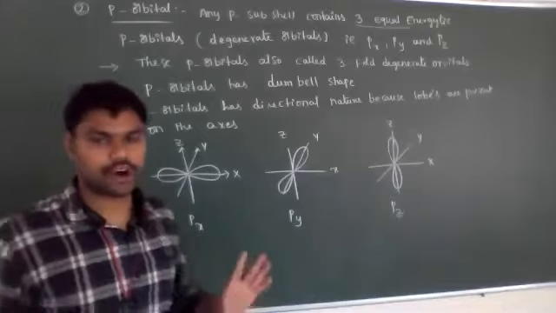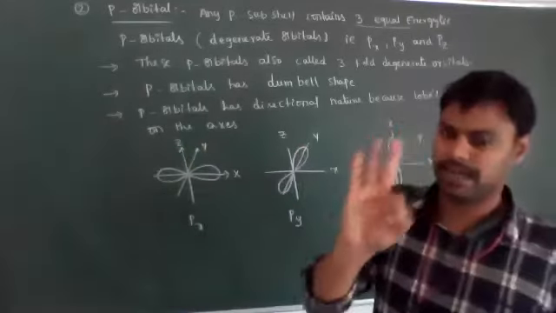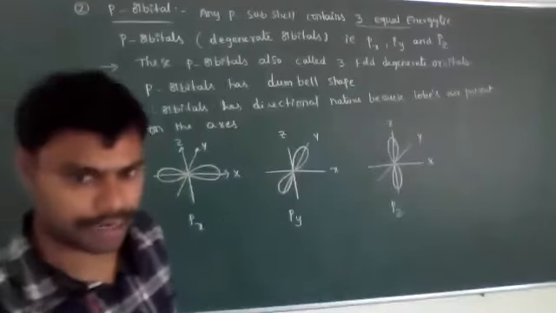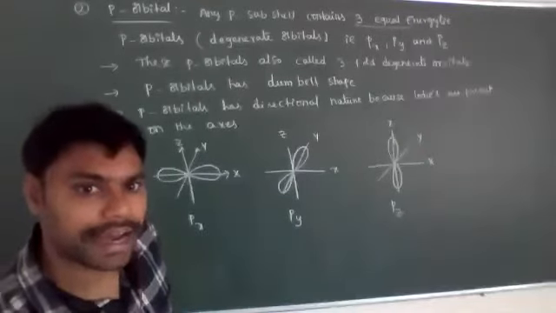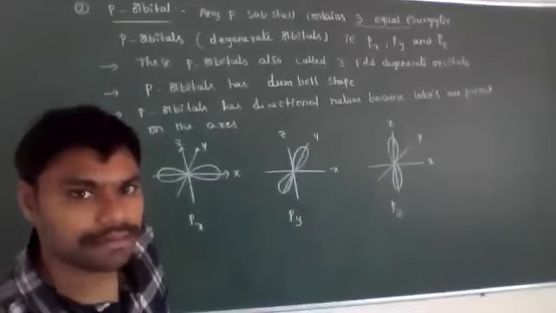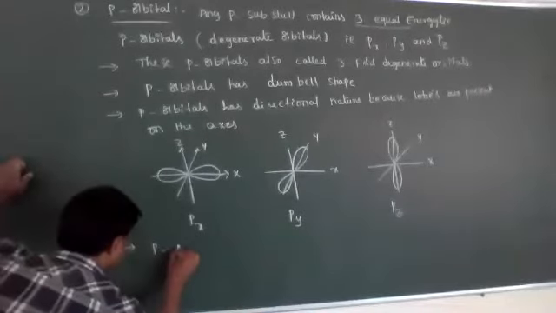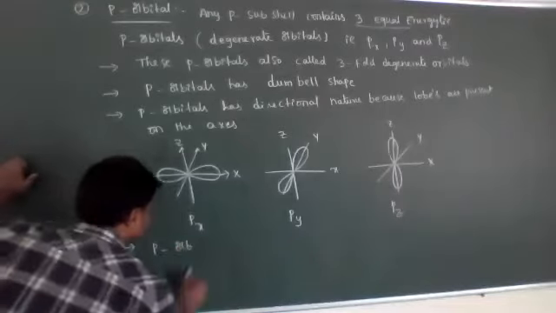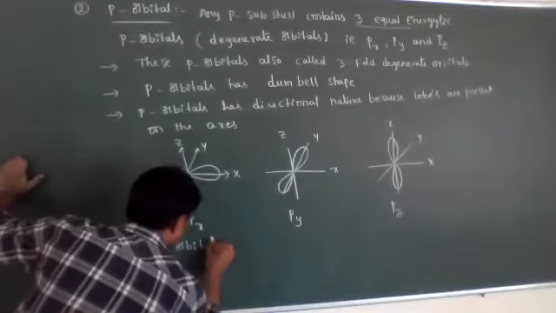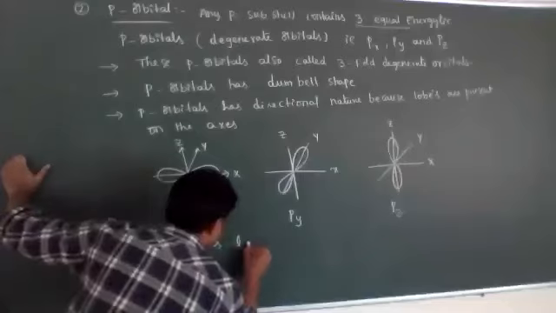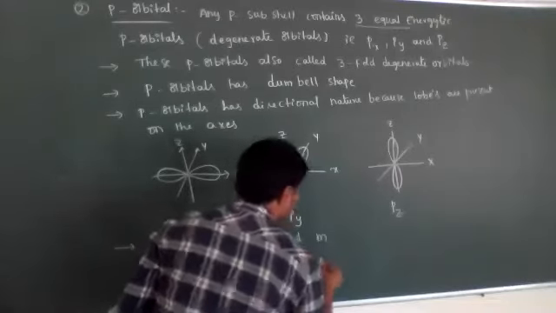So how many p orbitals are present in any p subshell? There are 3 p orbitals. What are those? Px, py and pz. For p orbitals, l is equal to 1.